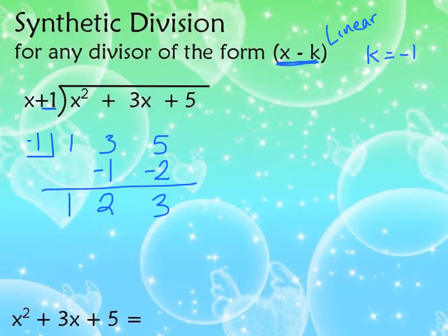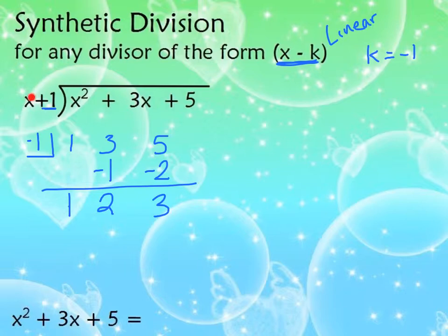All right, so what this means is if I take this polynomial and I divide it by this linear term, this is going to be my result. Because I took this squared one divided by a linear term, my result is always going to end up 1 power less than what I started with. So I started with a quadratic.